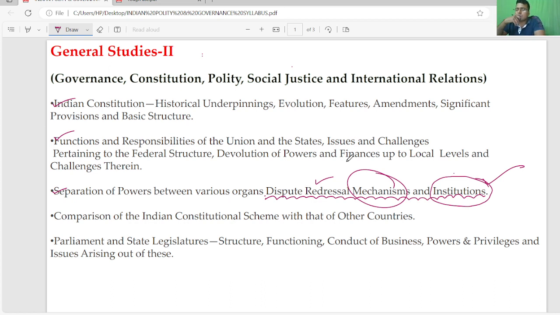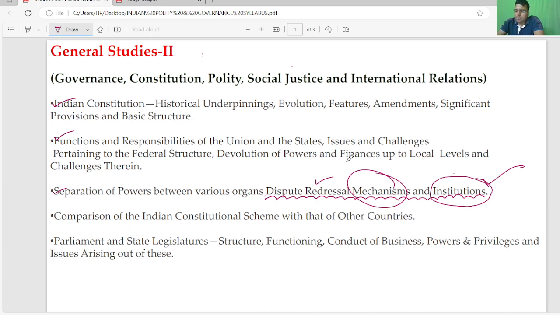So these are what we call dispute redressal mechanisms and institutions. When a question comes on what is the need of dispute redressal mechanism and which institutions deal with this, you write all these institutions. One question may come in mains. In prelims also a question may come: which of the following institutions is related to redressal of dispute? You can easily write this.